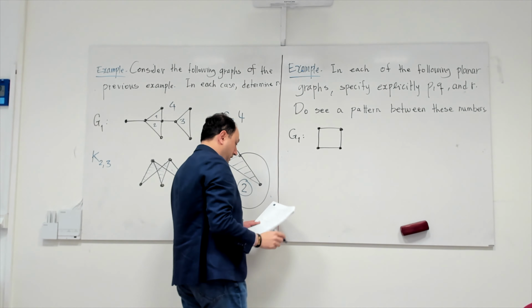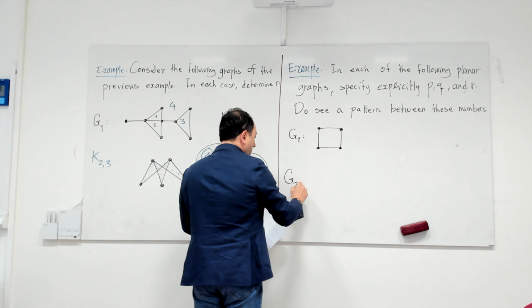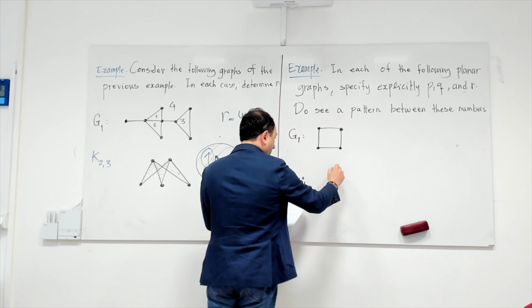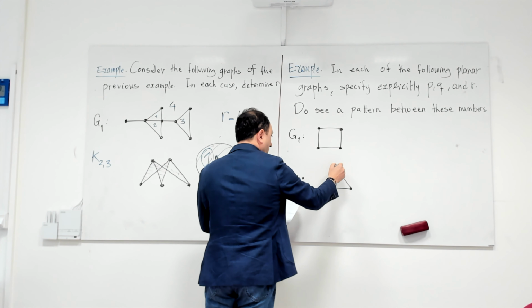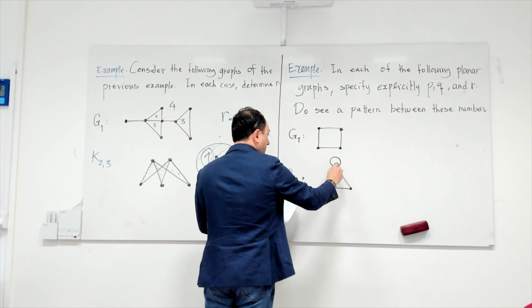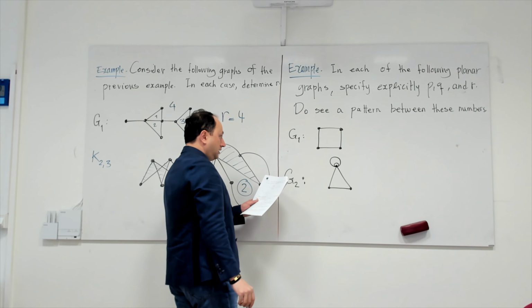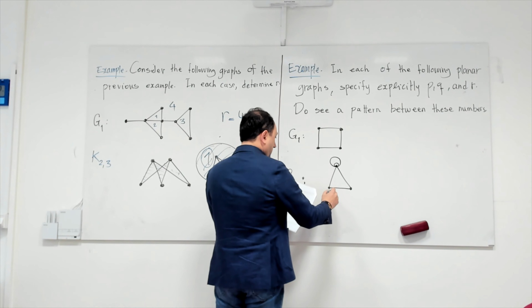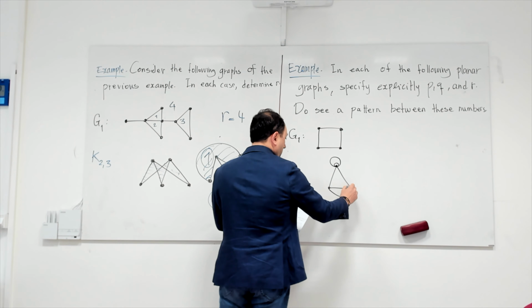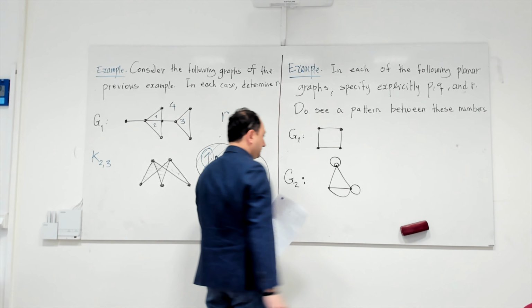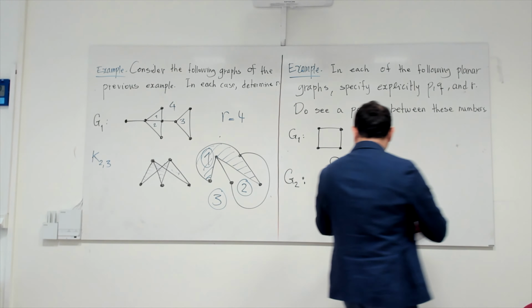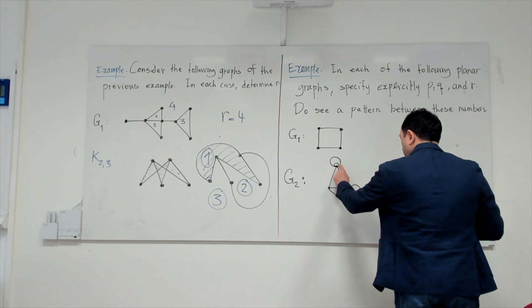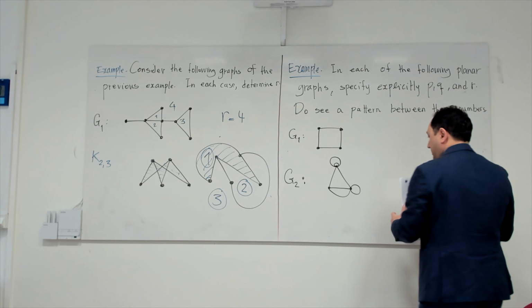So this is G1. G2, let me give you a multi-graph. A triangle here, one loop here, another big loop here. Okay, and then a multi-edge here, and another loop here. So this is G2. So yeah, it's not very good picture, but you understand. There are 2 loops on this vertex.